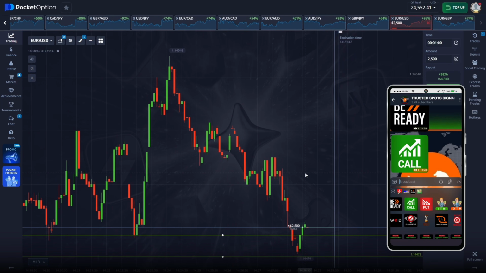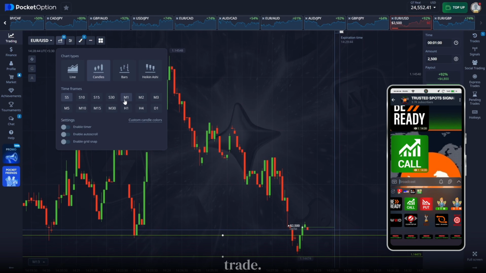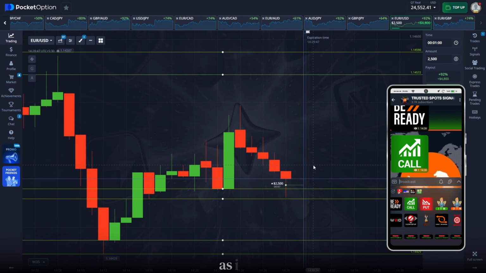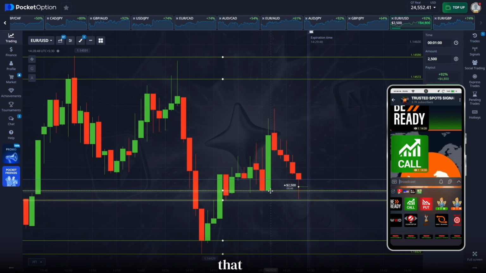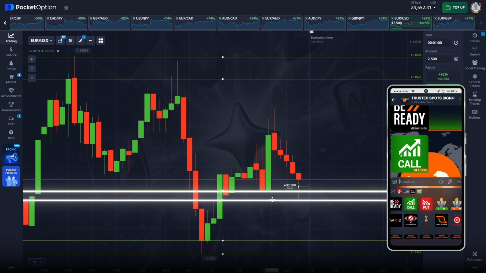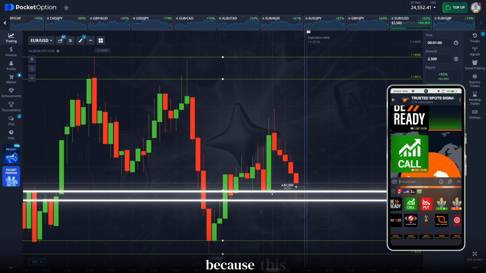Let's understand the logic behind this trade. As I told you before, this zone is a liquidity zone, and I'm targeting a reversal trade from this zone because this particular big green candle created a positive impact, suggesting that price will go up.